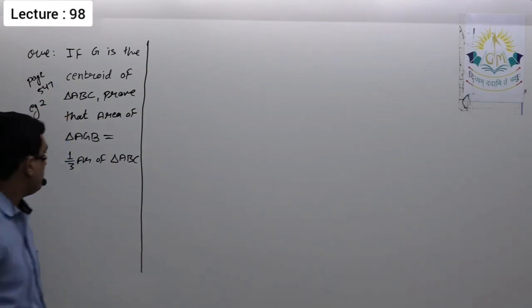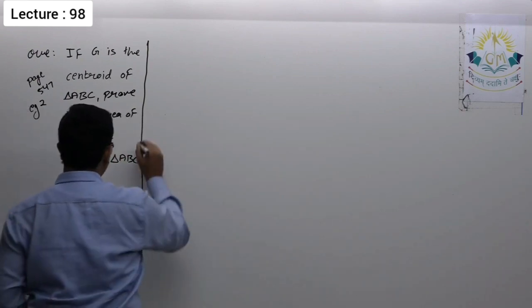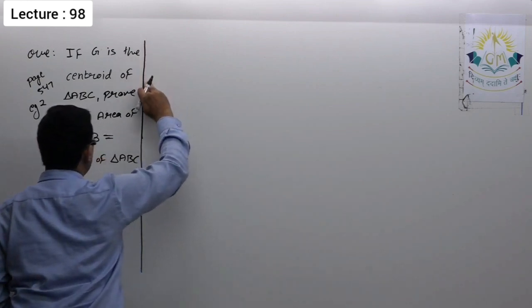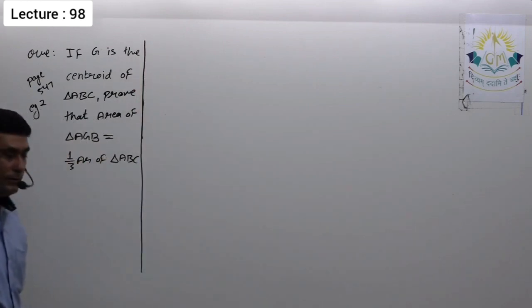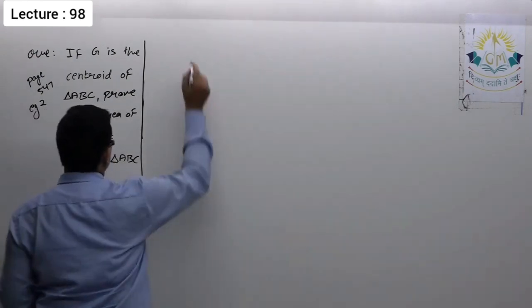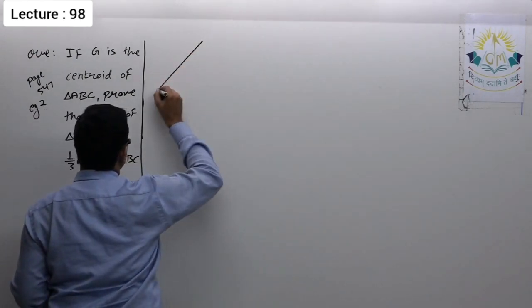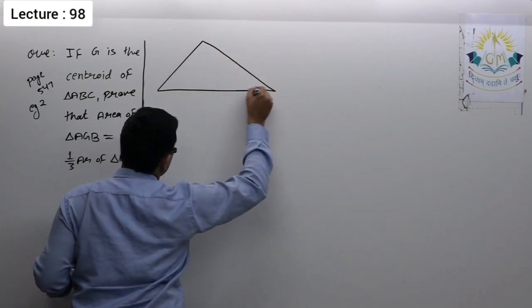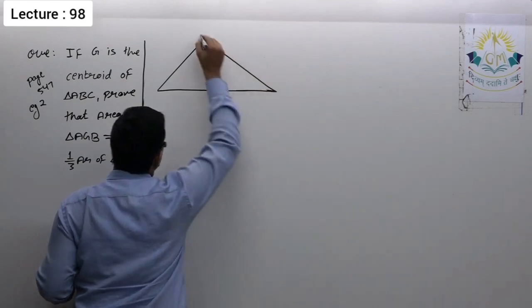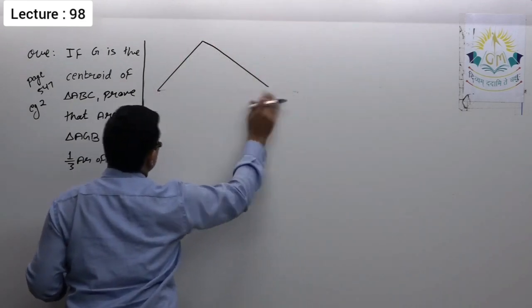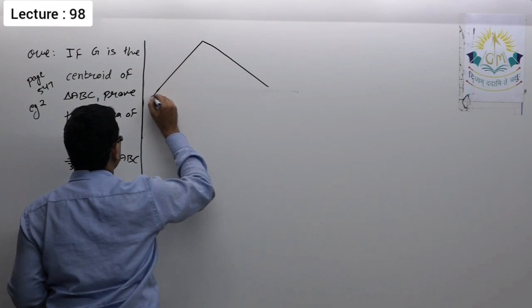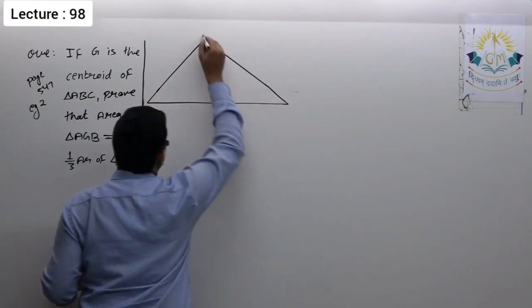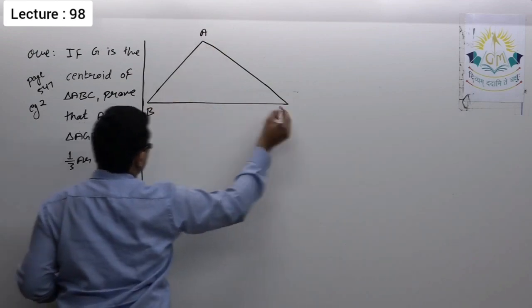So there is a triangle ABC and its centroid is G. Now here you must know what a centroid is. Centroid is the intersection point of the medians. So let us see how to prove this. This is the triangle ABC.